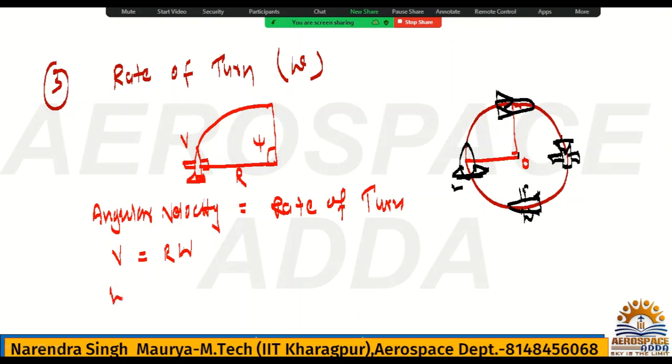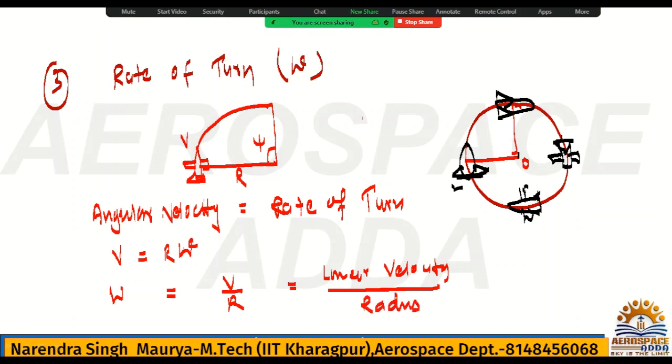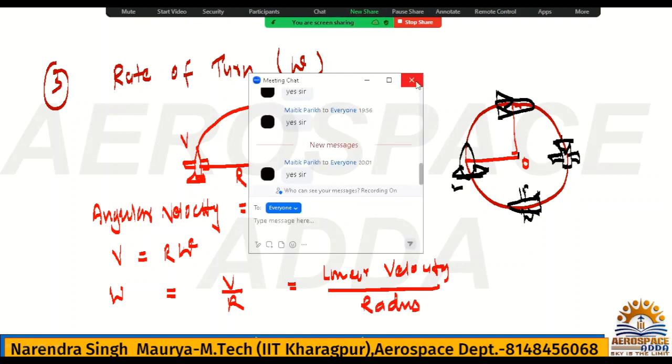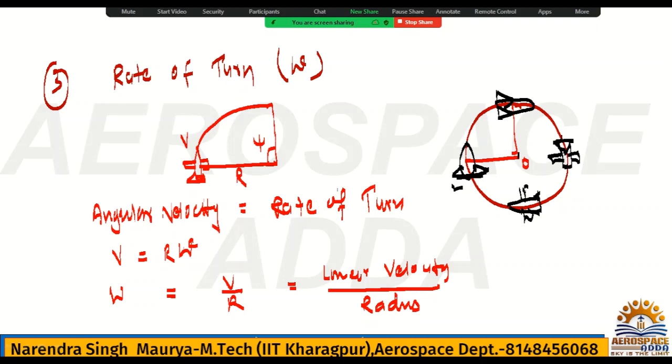So what is omega? Omega is V by r, where V is the linear velocity of the aircraft and omega is the angular velocity. Simple formula: linear velocity divided by radius. You have seen this formula many times in 9th and 10th standard physics.